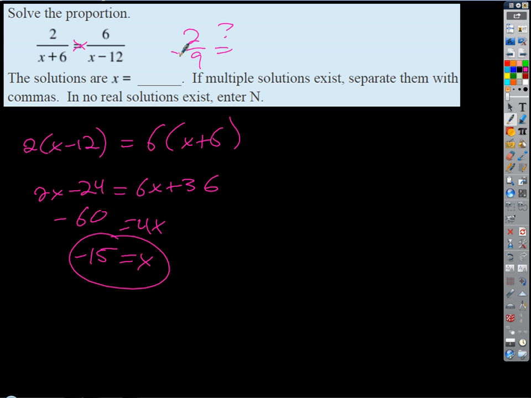On this side, we're going to get negative 6/27, which is 2/9. Okay, so it checks. How did I get this? I just plugged in negative 15 on both sides just to check it. Okay?